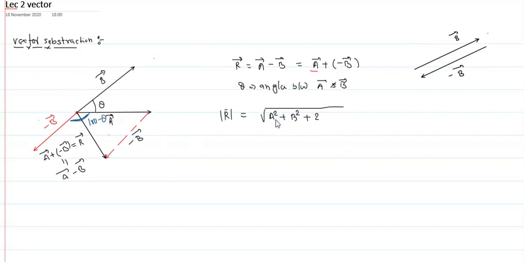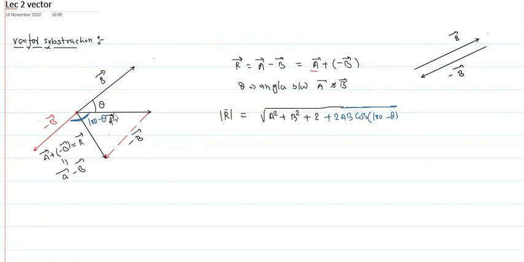So I write A square plus B square plus 2AB cos(180 degree minus theta). Why am I writing cos(180 degree minus theta)? Because I add here A vector with the minus B vector, so we have to see the angle between A vector and minus B vector.